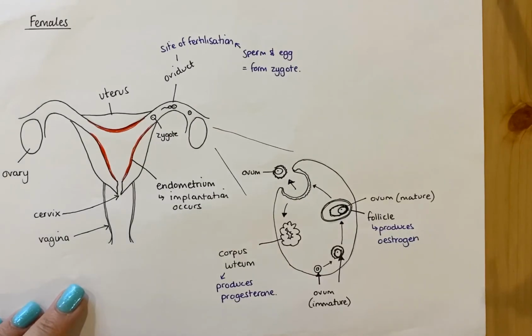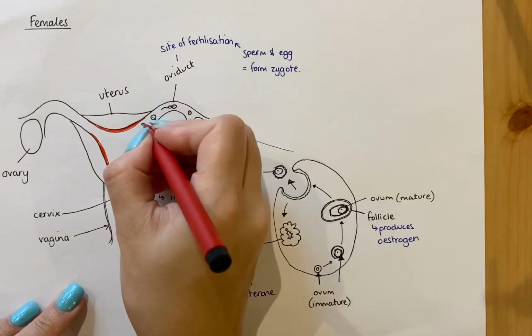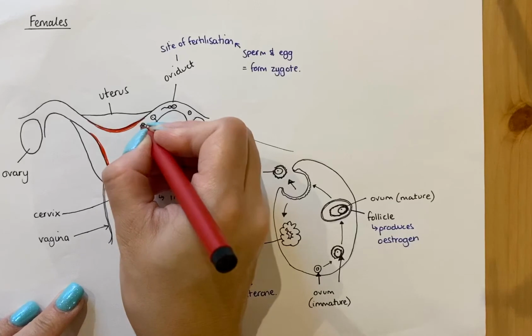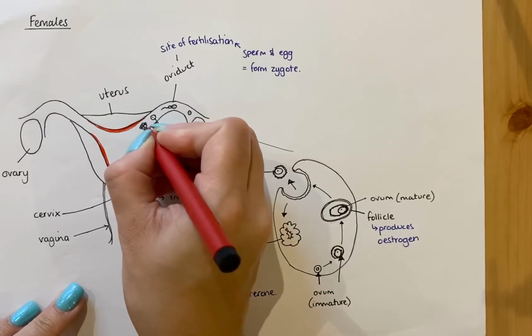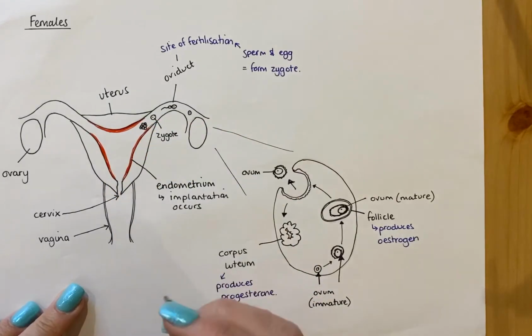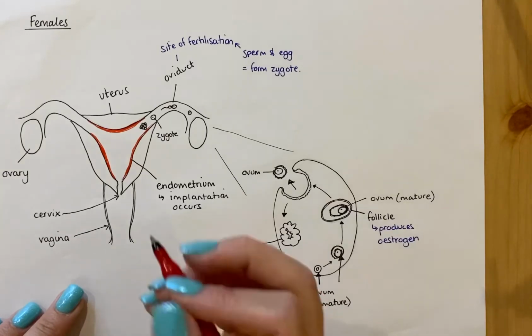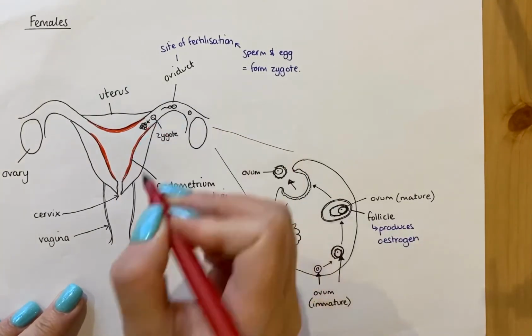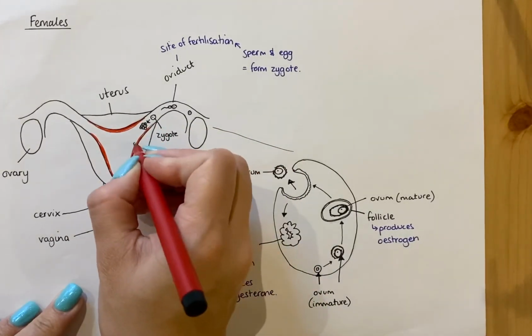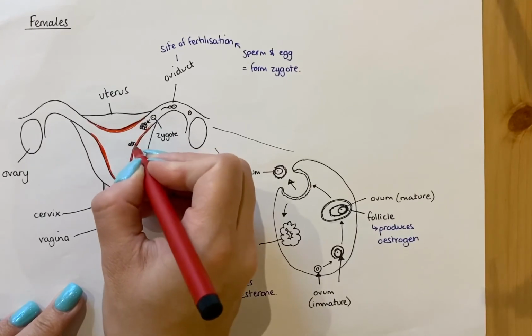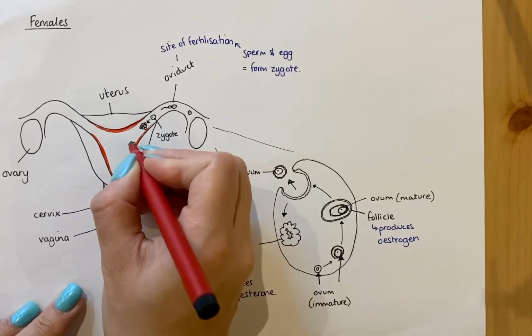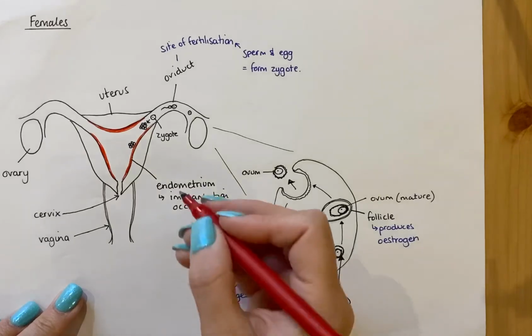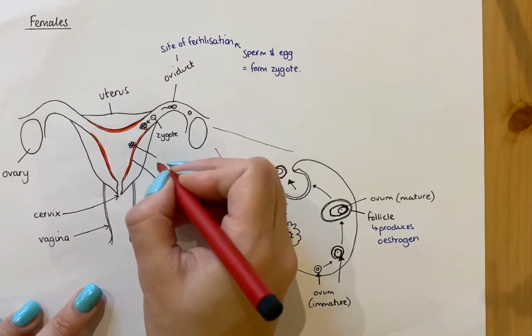Now your zygote will then divide by mitosis and form a ball of cells. Now with mitosis it would normally divide, make 2, then 4, then 8, etc. But for this I've just shown a bundle. And then what would happen is it would then implant into the endometrium. So that here is implantation.